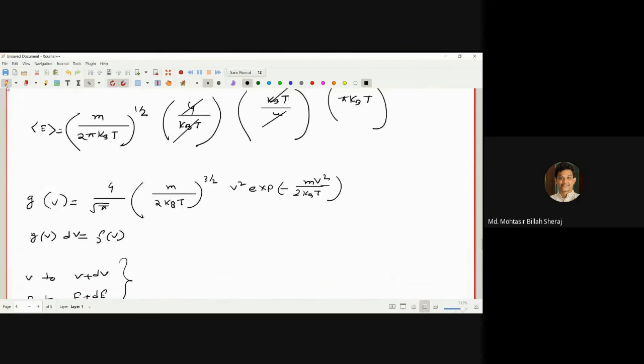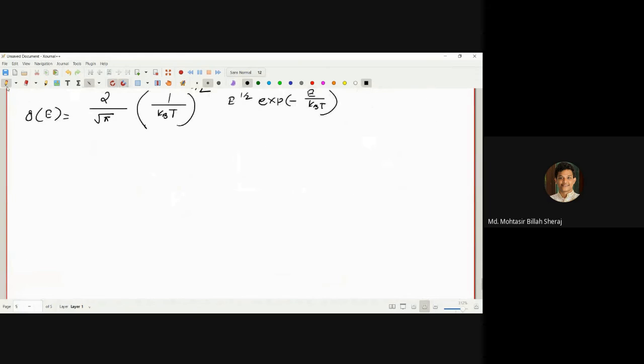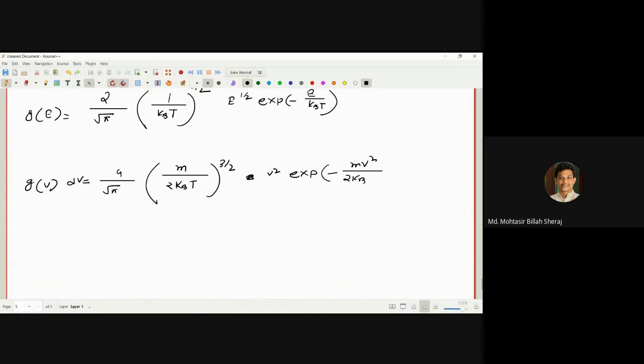আচ্ছা, so let's do it from the 0 again. So we have given g(v) dv equals to 4 by root pi (m by 2 kBT) whole to the power 3/2 v square e to the power minus mv square by 2 kBT dv.